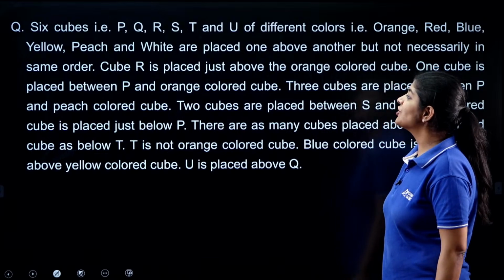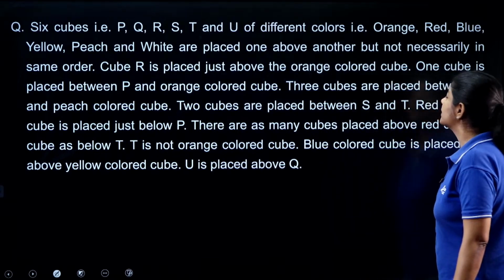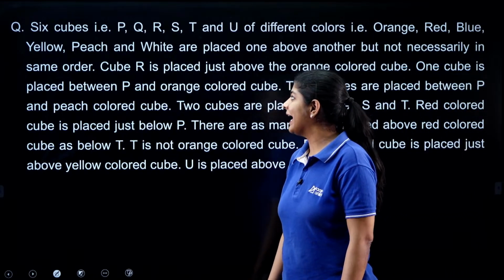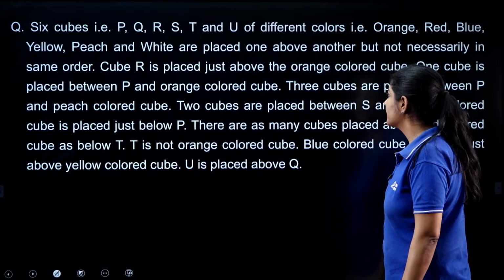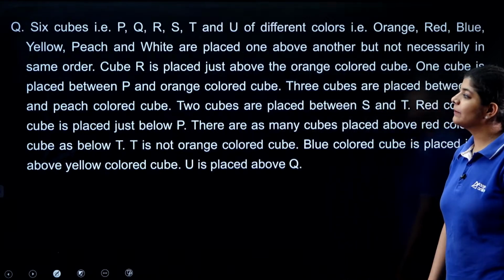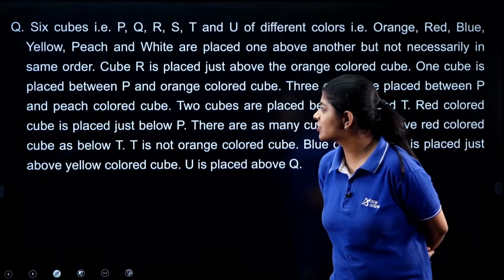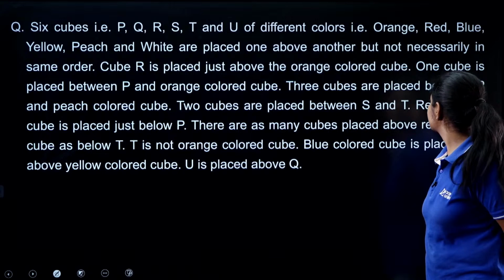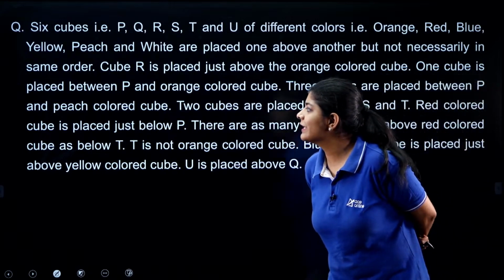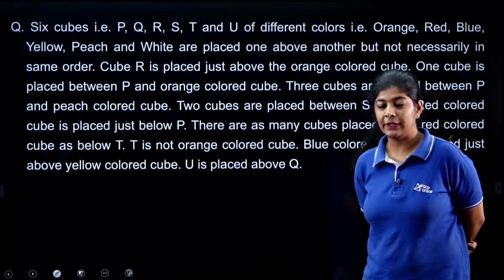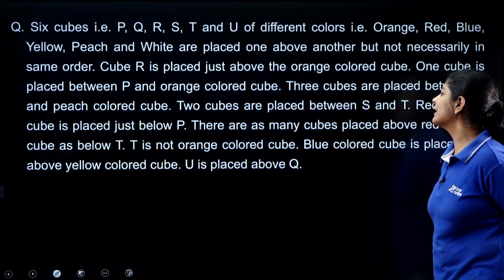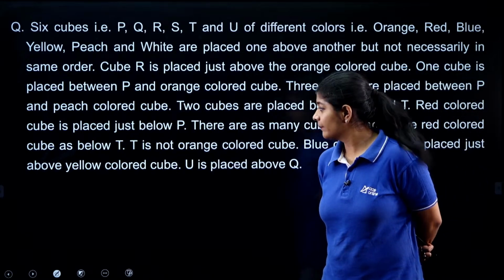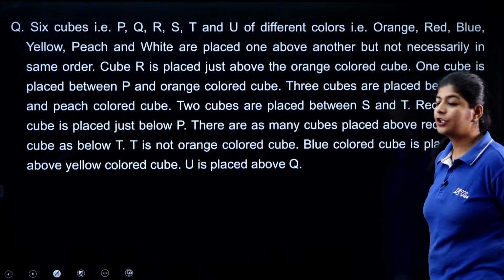Cube R is placed just above the orange colored cube. One cube is placed between P and orange colored cube. 3 cubes are placed between P and peach colored cube. 2 cubes are placed between S and T. Red colored cube is placed just below P. There are as many cubes placed above red colored cube as below T. T is not orange colored cube.